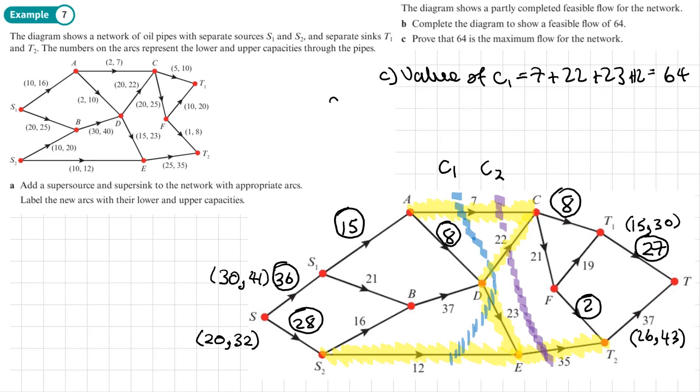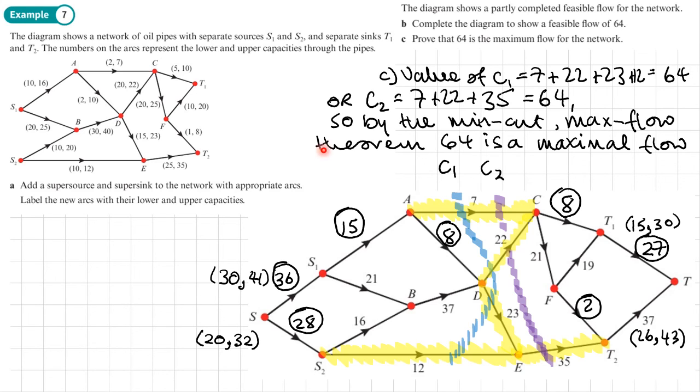Or I could have used cut C2, which is 7 plus 22 plus 35, and that is also 64. So we finish this off by saying, by the minimum cut, maximum flow theorem, 64 is a maximal flow.